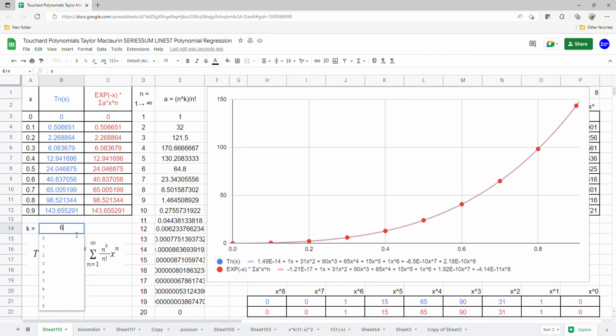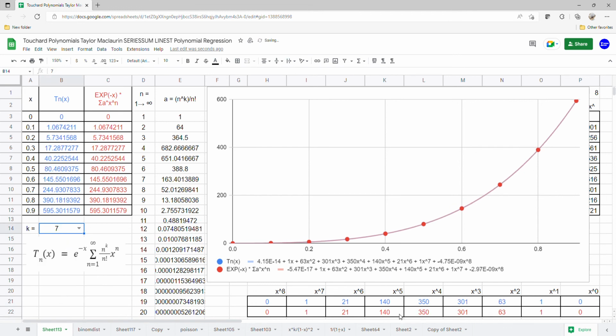K equals 7. Here we have x plus 63x squared, 301x cubed, 350x to the 4th, 140x to the 5th, 21x to the 6th, 1x to the 7th. Also the same.